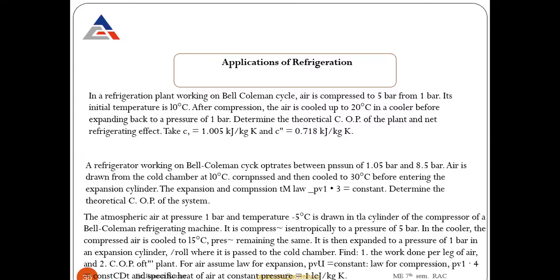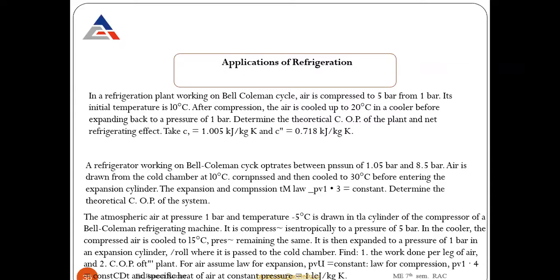So look here. How much pressure is given in this statement? For the Bell-Coleman cycle, 5 to 1 bar. So 5 means higher pressure: P2 is equal to P3, equal to 5 bar, and the lower pressure P1 is equal to P4, 1 bar.